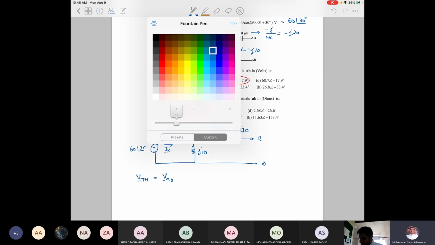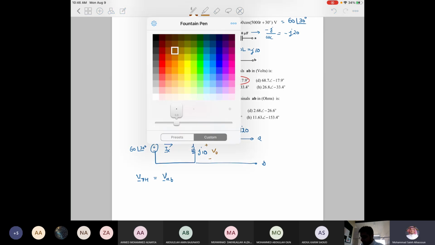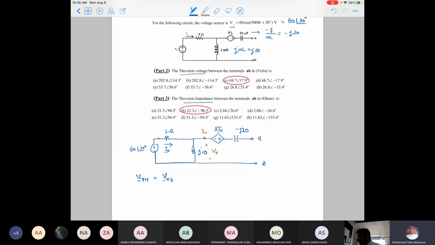Here, if I assume that the current in this branch is I0, this voltage is V0, then I will have VAB equals V0 by KVL plus 8 IX minus J20 I0.